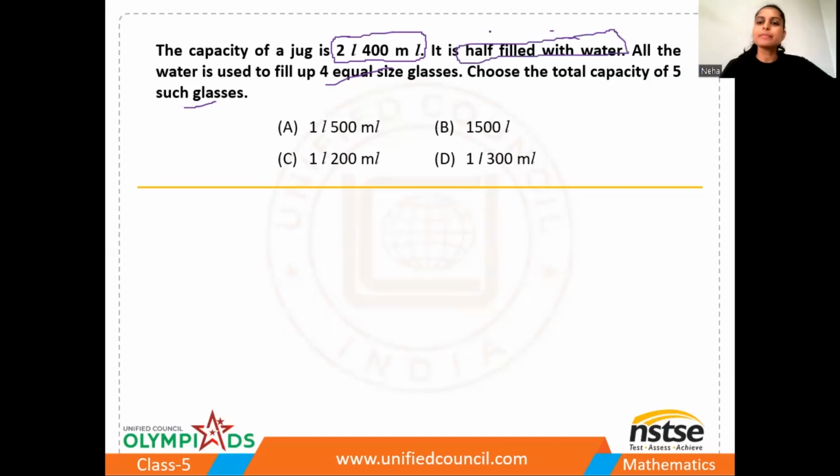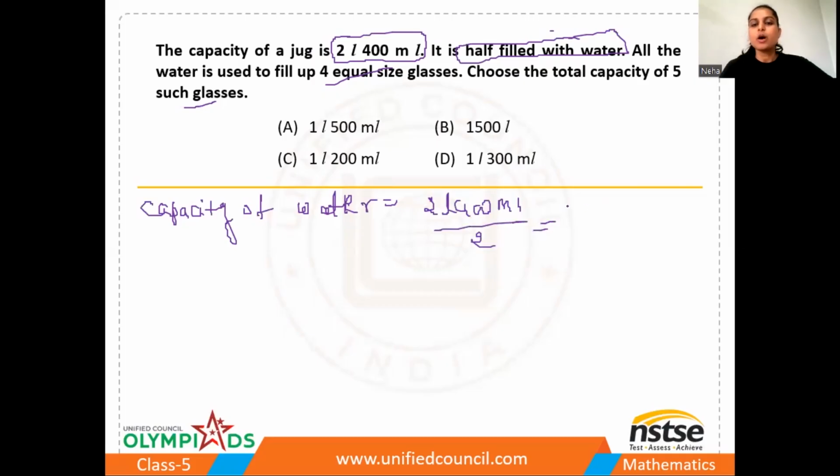So what is the capacity of water? It is obviously half of 2 liters and 400 milliliters. Just half of it. It is now 1 liter and 200 milliliters, which I can say is 1200 milliliters.